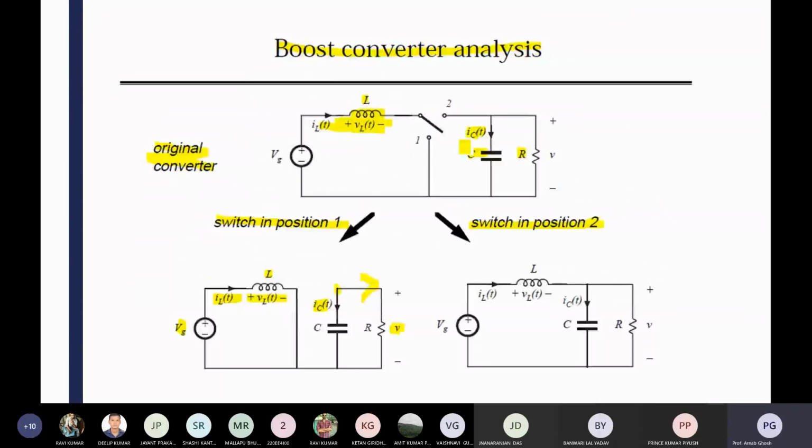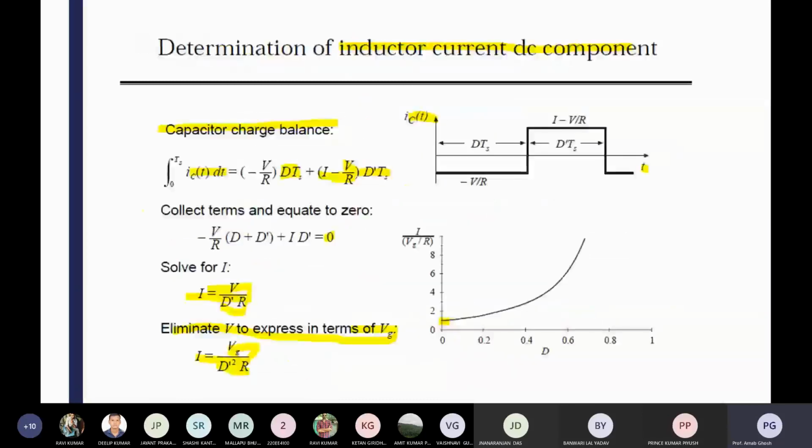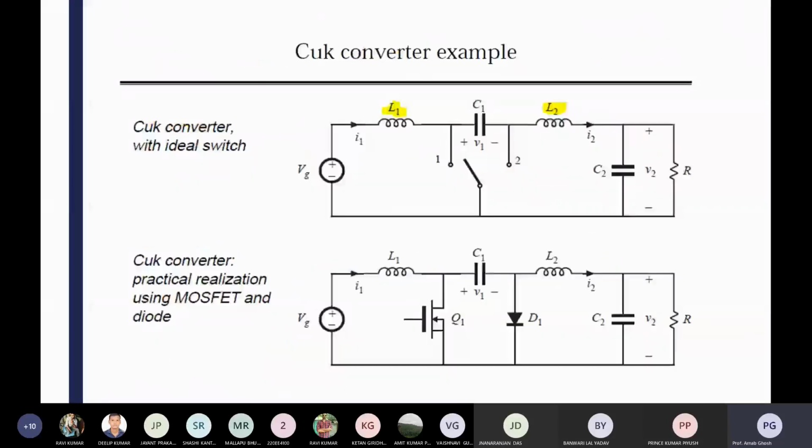So if you go for the transfer function or mathematical modeling of that circuit, you will get an equation of 2nd order. But in this case you have 4 energy storing elements, 2 inductors and 2 capacitors, so you will get fourth order equations. So it is a fourth order converter, the Chuk converter.